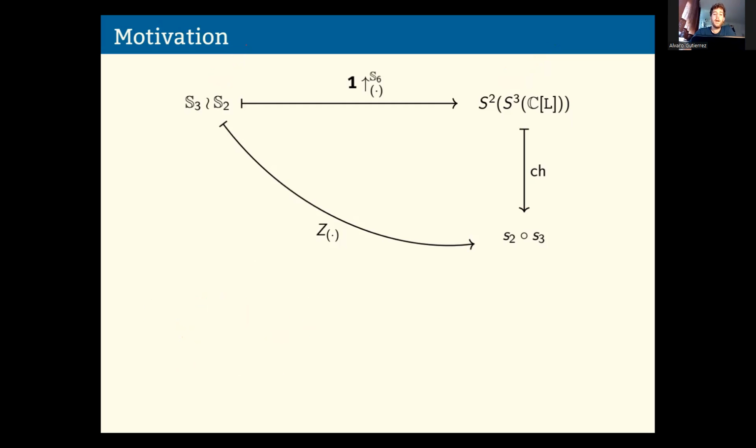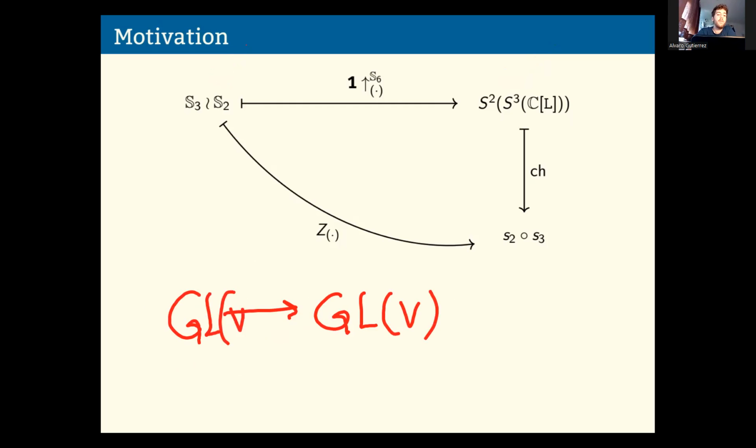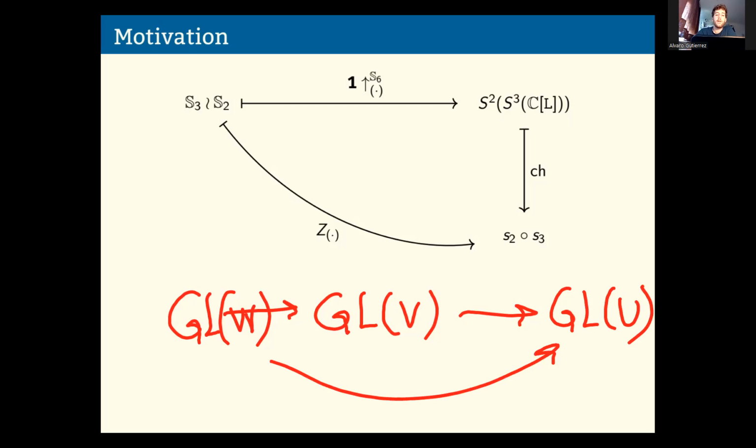Okay, and a representation is a map from a group to some GL_n, so GL_V, and if this group is in itself a GL_W, I can just compose these representations. I don't know, I ran out of letters, GL_U. So now this is another representation, which is the composition of these two representations.